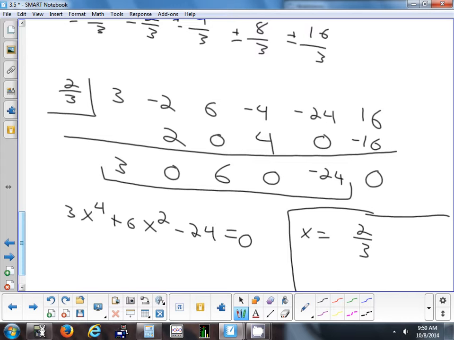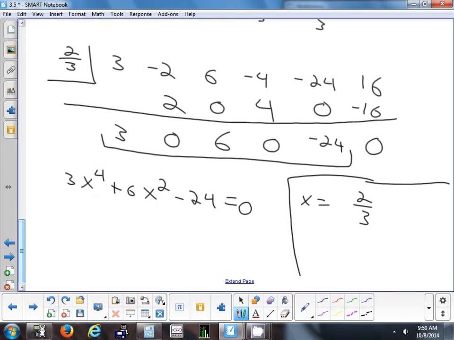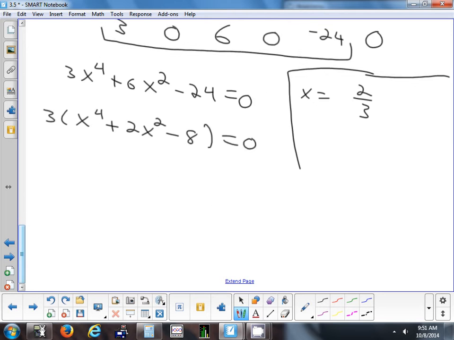There's more. X equals 2/3 is one of them. What can I factor out of this? Yeah, 3. I can pull out a 3. And I'm left with x to the fourth plus 2x squared minus 8 equals 0.